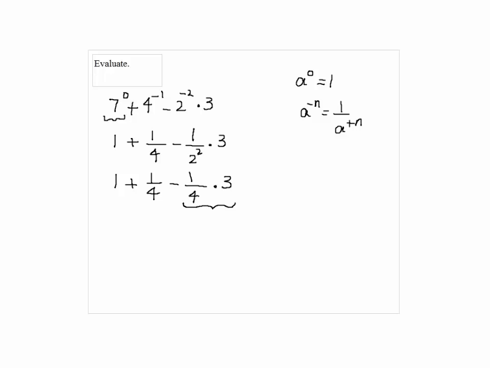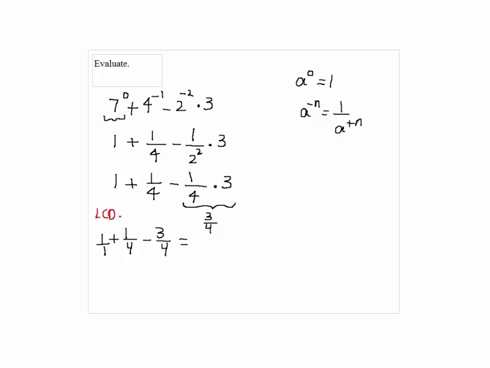We look for multiplication and division, and the first multiplication is here. So this would be minus 1/4 times 3, which is equal to 3/4. So we have 1 plus 1/4 minus 3/4.